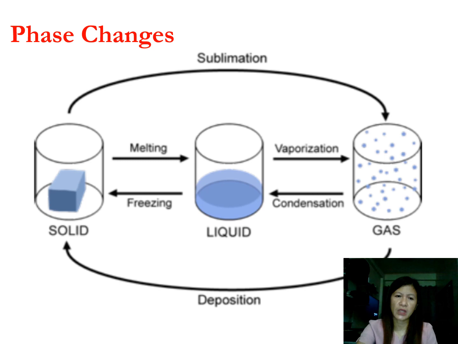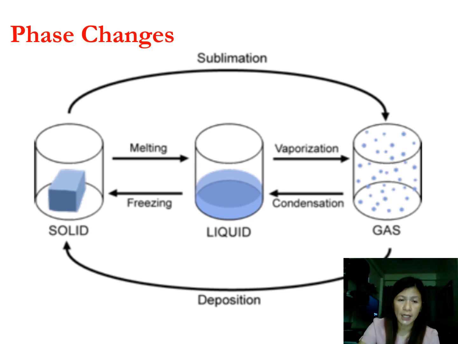Let's start with the solid state of matter. When solid transforms to liquid, the phase change is known as melting. The reverse process of melting, transforming liquid to solid, is called freezing. Liquid turning to gas, we have vaporization. Gas turning back to liquid is condensation.